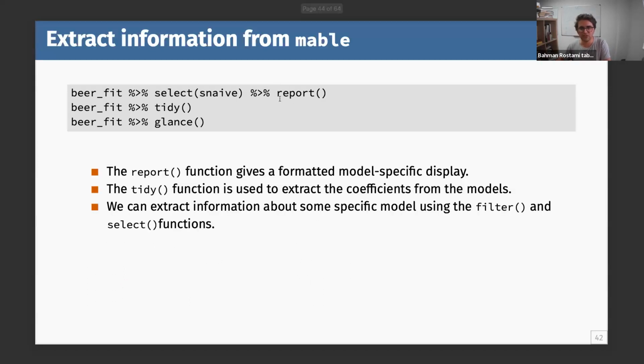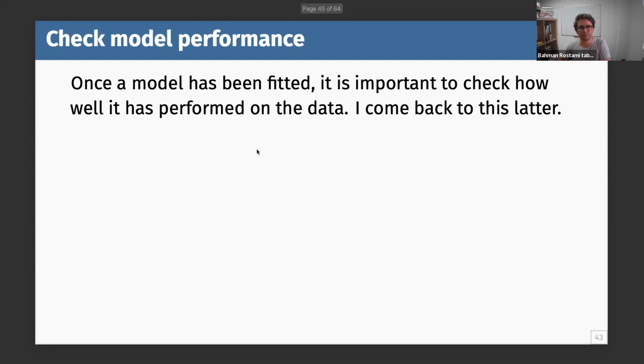But you need to note this: report, tidy, glance. These are the functions that help you to get more information about the model-specific parameters and other coefficient information hidden inside it. You'll use them later with ETS, regression, ARIMA, but also in the exercises.